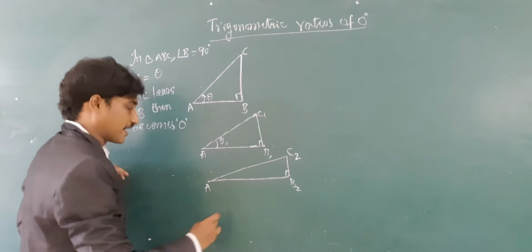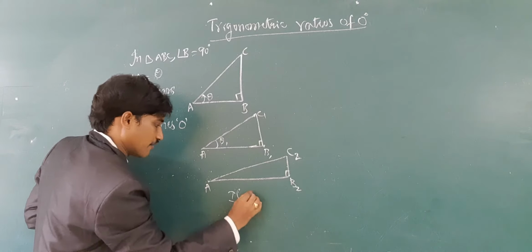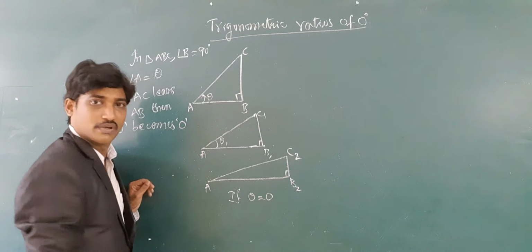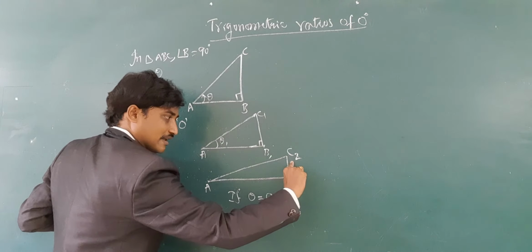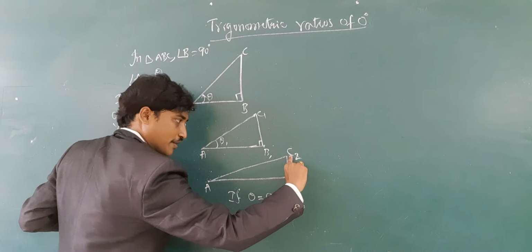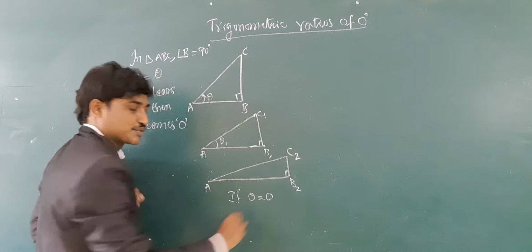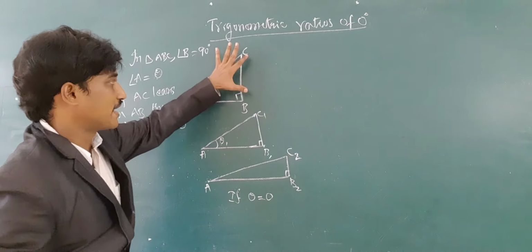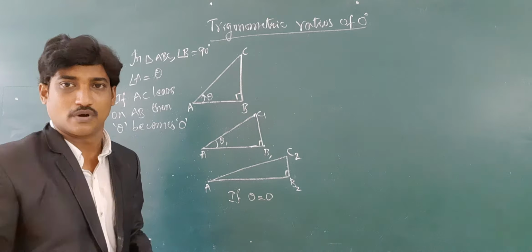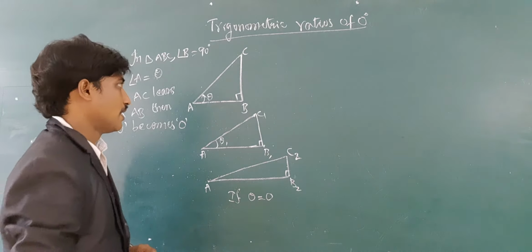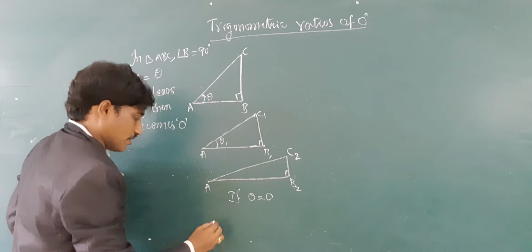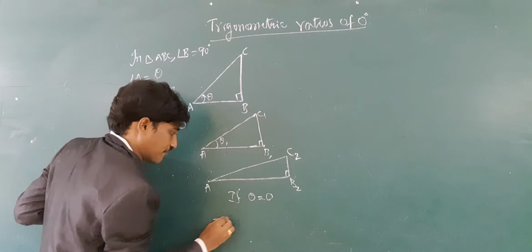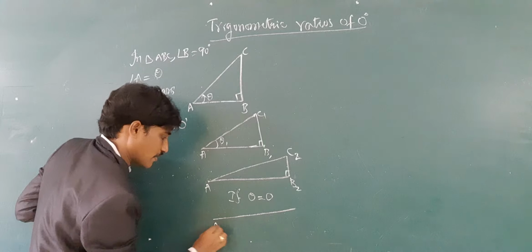Finally, if theta equal to 0, then what happens? B2C2 gets lesser and will become smaller and smaller. BC becomes smaller and smaller to equal 0 as C coincides with B. So finally theta is 0.